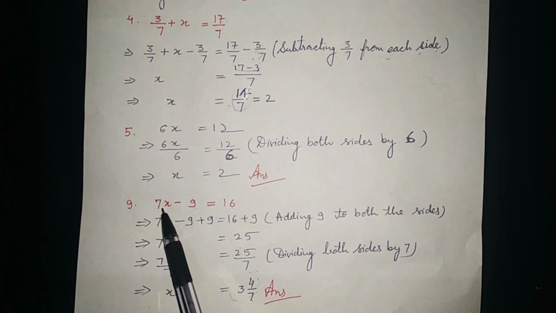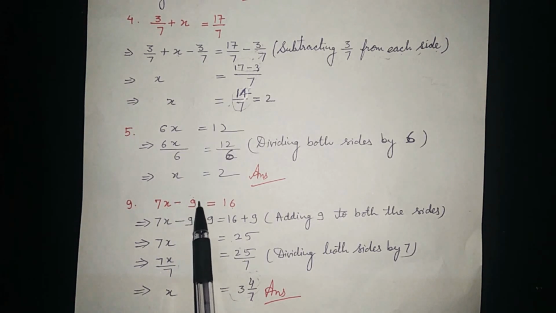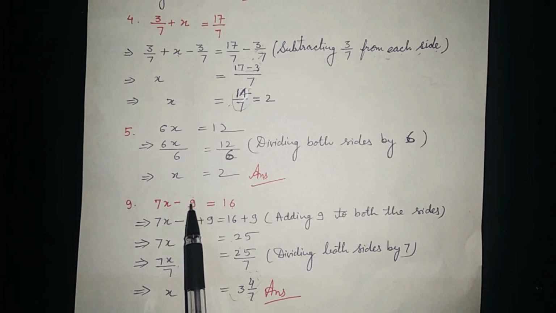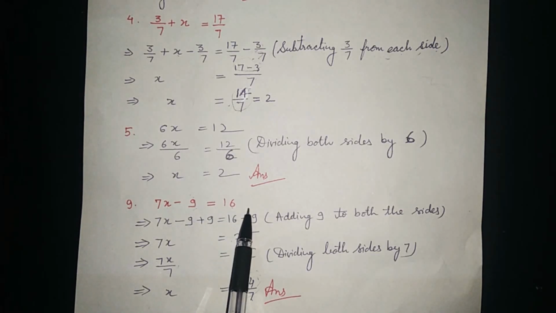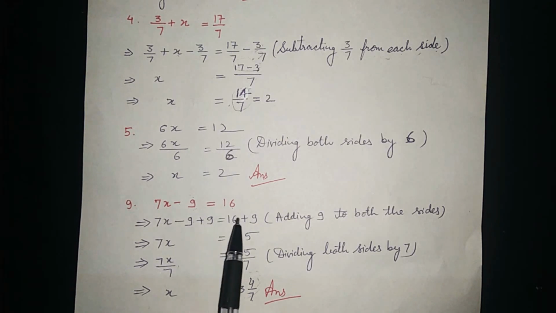This 7 is in multiplication with this x. So first we will remove this minus 9 from left hand side. So what we will do? We will add 9 on both the sides of this equation. Now plus 9, and on right hand side also plus 9.